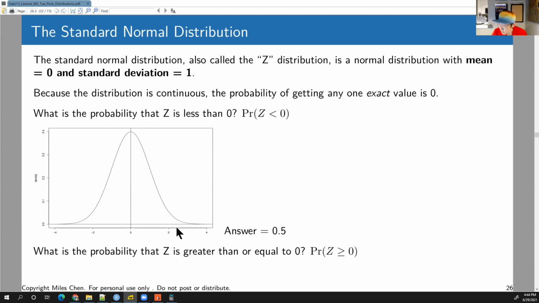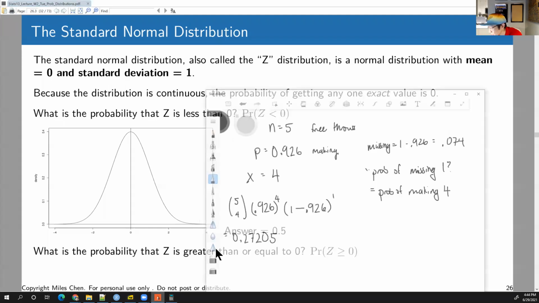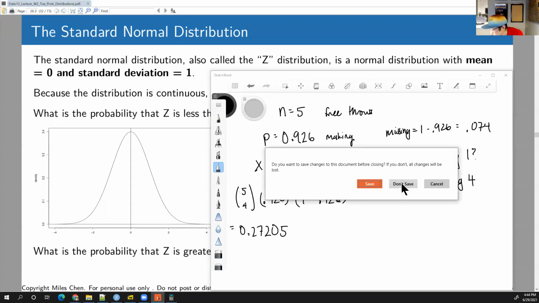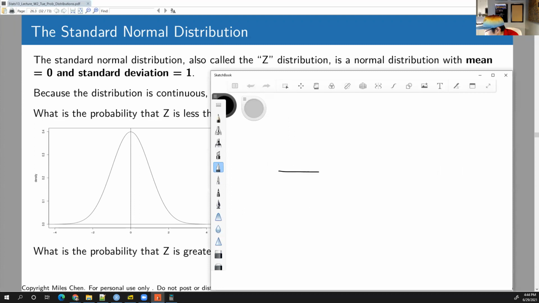All right, so how did we get 0.5 here? This is my picture, and if we shade everything in, the total area is equal to 1, right? What I'm doing is drawing a vertical line right in the middle. This is z equal to 0, and we're going to shade everything to the left here.